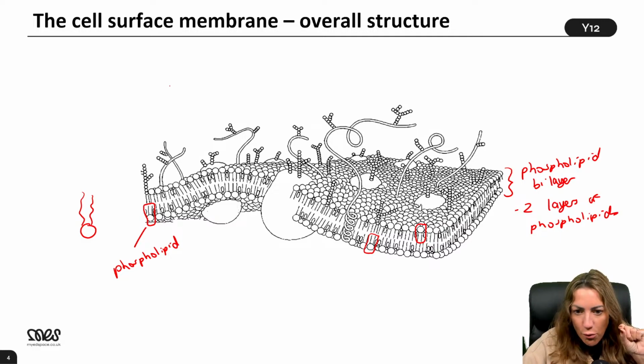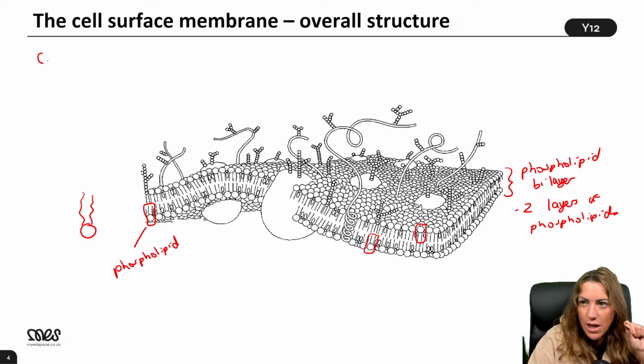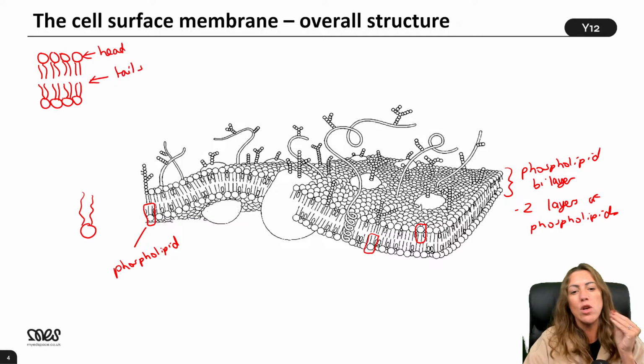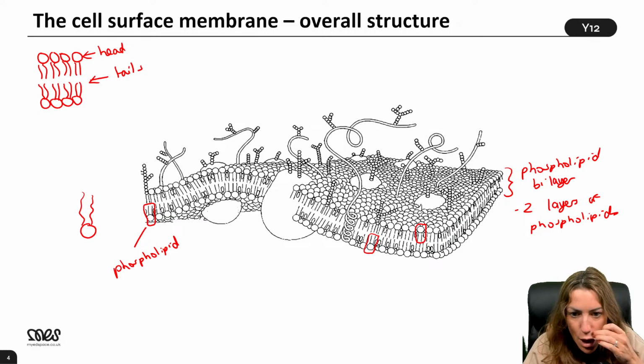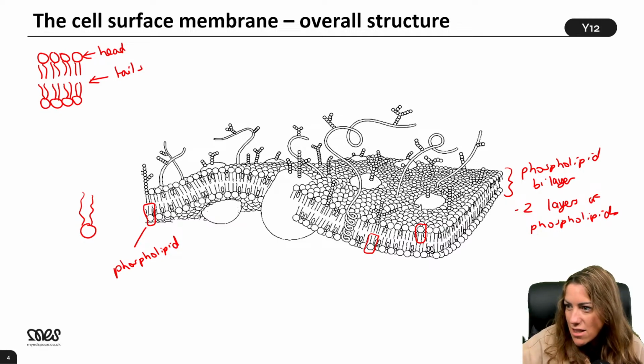And if I do you a really simplified picture of a phospholipid bilayer, let me just do a really simple one. Can you see it's like this? So these are all phospholipids. We've got the head, and then inside we've got the tails. But that's what we call a phospholipid bilayer, and that's the main part of the cell surface membrane. What are the tiny circles next to those phospholipids?